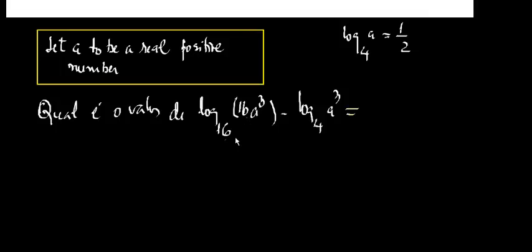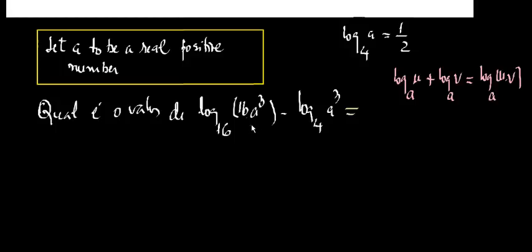So here I'm going to apply an important property of the logarithms: logarithm in base A of u plus logarithm of v in base A equals logarithm in base A of u times v, supposing that u and v belong to the set of the real positive numbers.